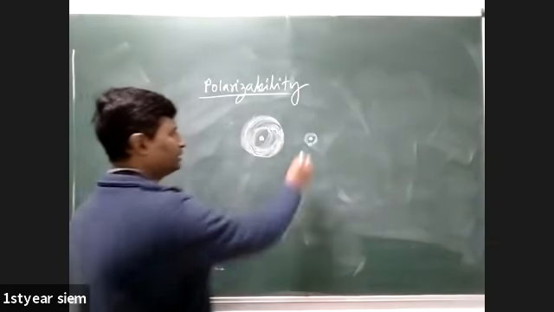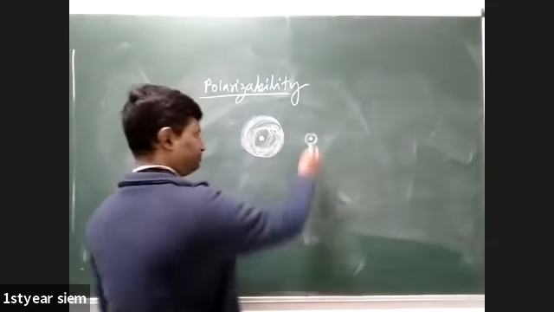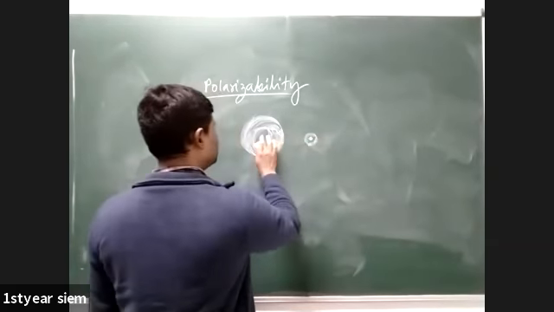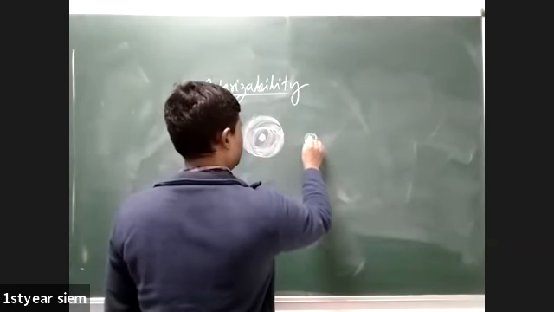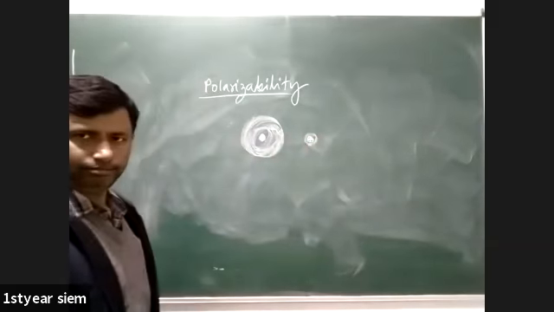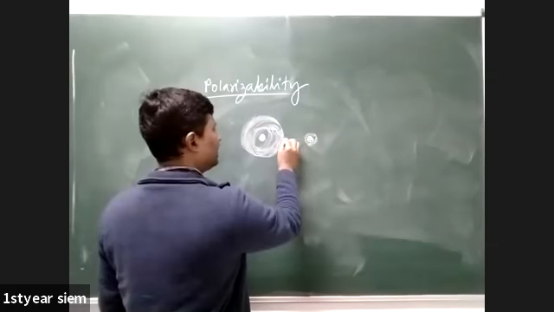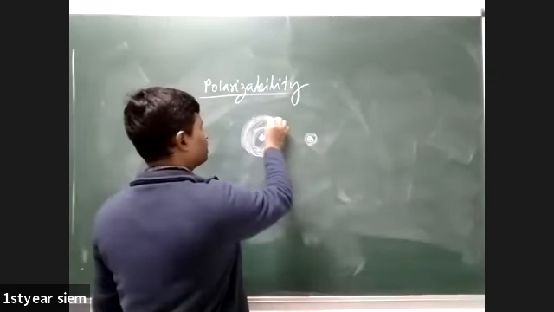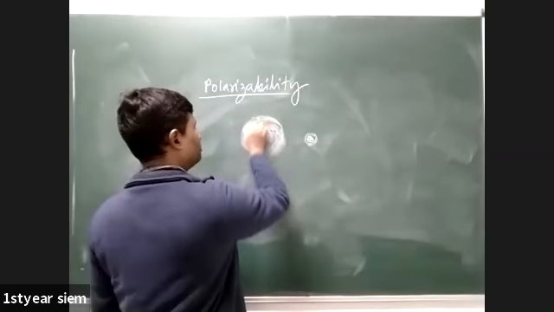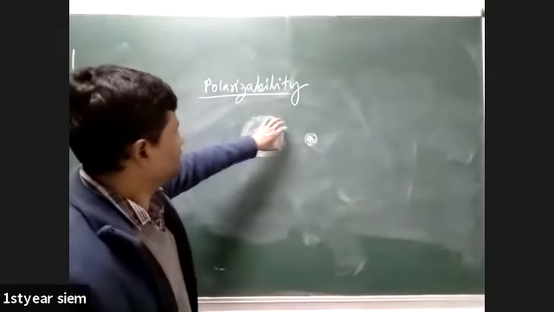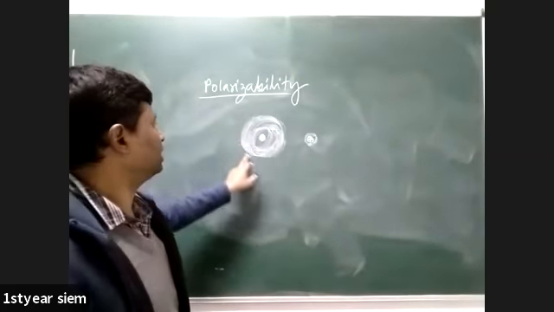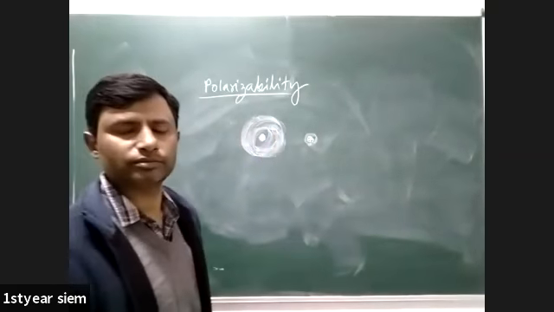Then what happens? The nucleus of the small atom is positively charged. This is also a positively charged nucleus. Now, this positively charged nucleus will attract the electrons of the bigger atom, because in the bigger atom the outside electrons are very loose, or labile.